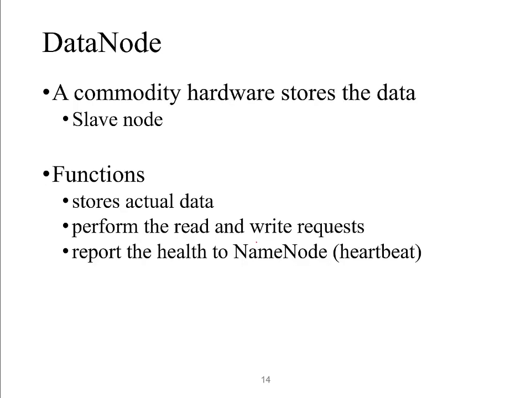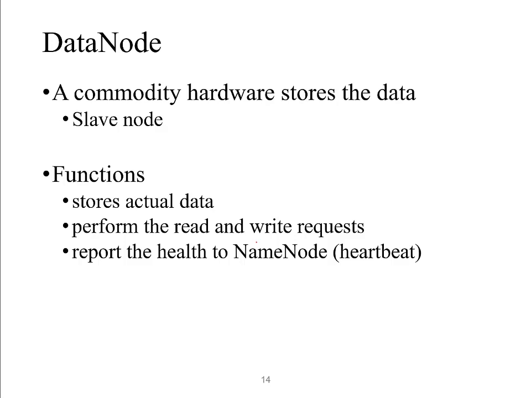So data nodes. A data node is commodity hardware that stores the data. So it serves as a slave node in the architecture. Commodity hardware means the data node does not need to be expensive or of high quality or high availability, unlike the name node.